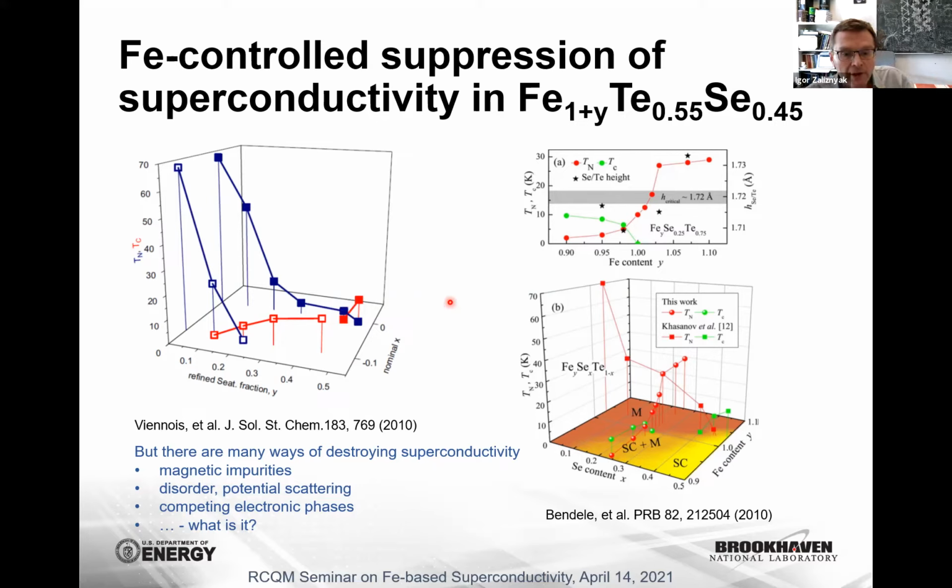However, there are many ways of destroying superconductivity. You can have magnetic scattering from some interstitial irons. You can have disorder, potential scattering, or there can be a possibility that, in fact, iron tunes a transition between two competing electronic phases. And while it looks exotic, it is exactly the possibility that I will try to convince you is the case here.